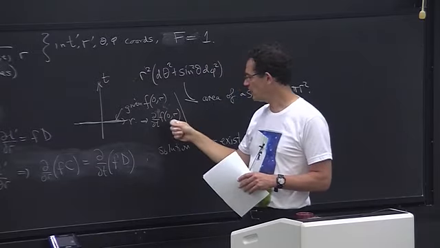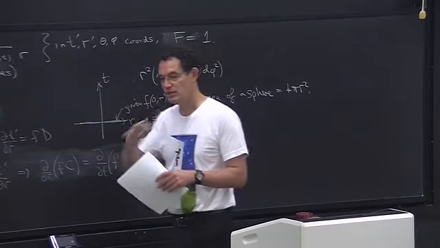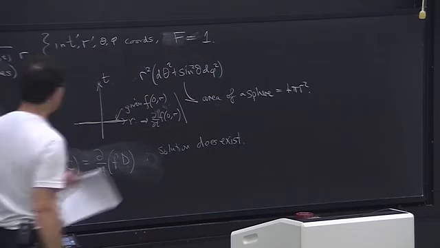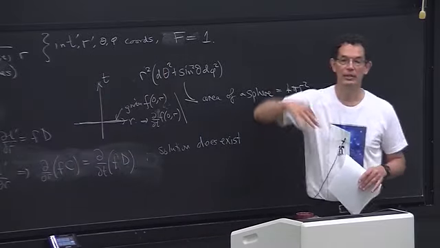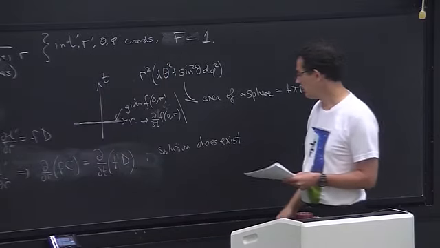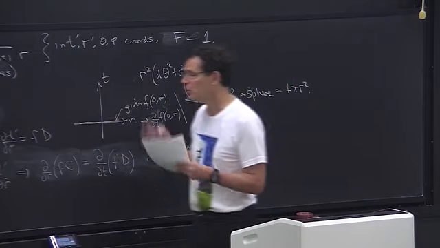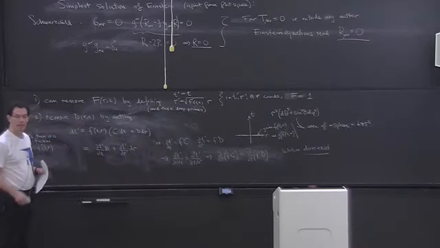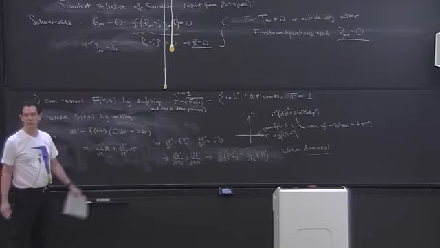There's some arbitrariness in f, which is this initial function of r, but the equation completely determines all the time derivatives of f at t equals 0, and then by Taylor series, I can get the function. So locally, there is always an f such that this is true. Once you have that f, you can do this coordinate transformation.